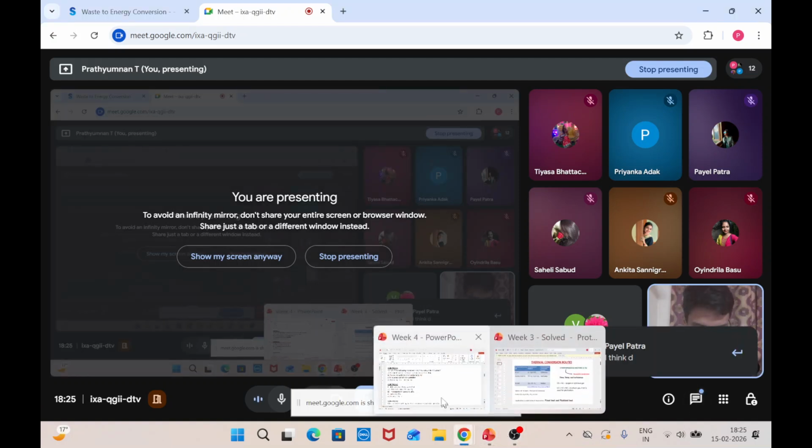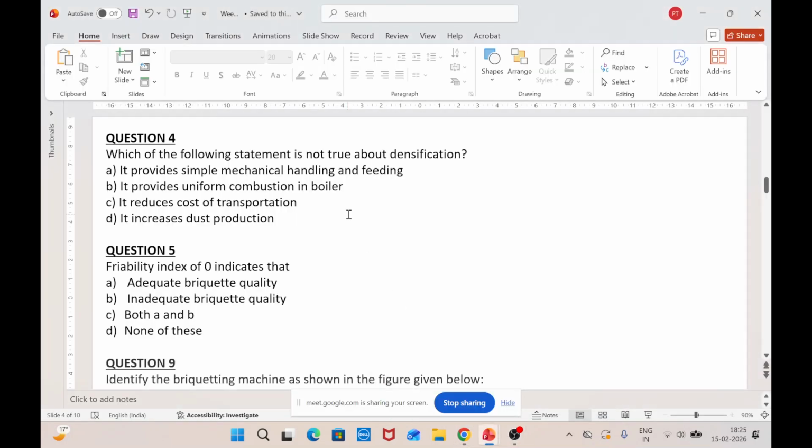I think D. Okay. Any other answers other than answer D?